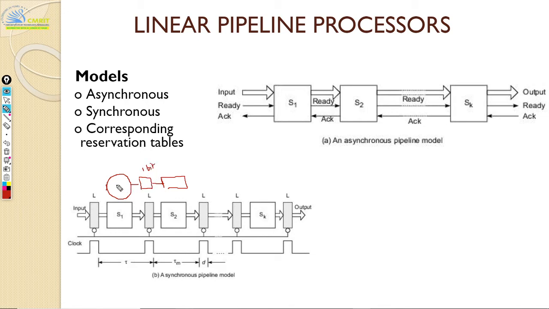So the idea is, when you give a clock pulse to your latch, it is going to take whatever is there. Initially the latch, let us say, has logic 0. If you give a clock, it is going to get the input from your combinational logic.